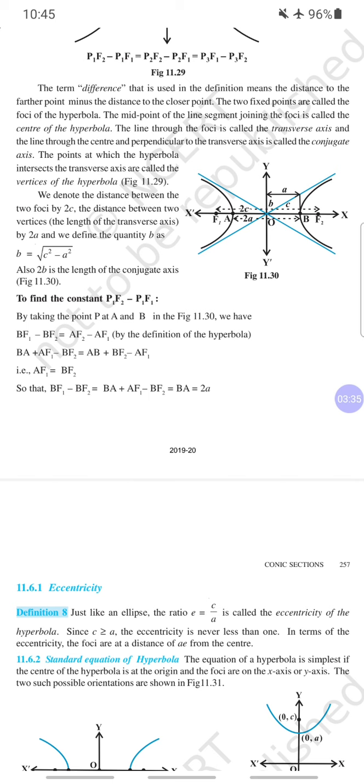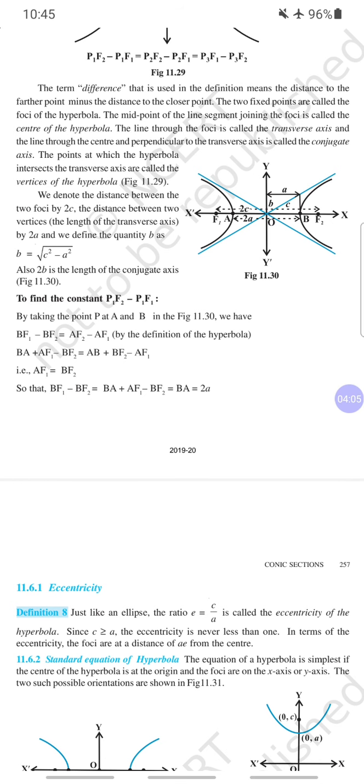In the previous case, in the ellipse, a, b and c were all definite. Why? Because all the points are definite and these were cut by the ellipse on both axes. But in this case, a and c are defined, but b we can't find directly. So what do we do?